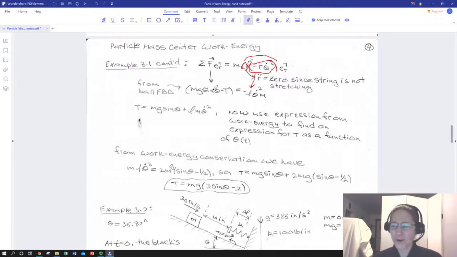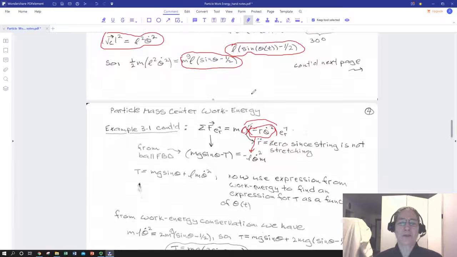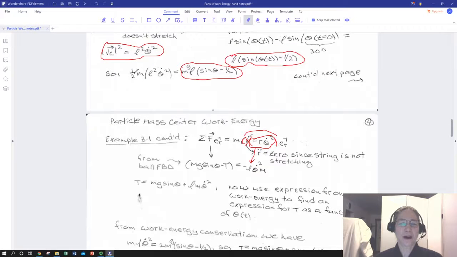And we're kind of back to where we were the first time we worked this problem. Well, that's nice, but now I again have a differential equation. I have this velocity squared that I don't know a way to evaluate. Now we go back to our energy expression. We just so happened to get an expression that included the square of the angular velocity being equal to other things that are algebraic expressions of our theta.